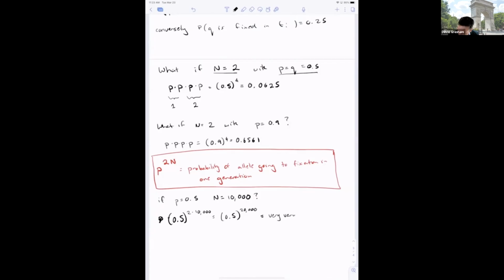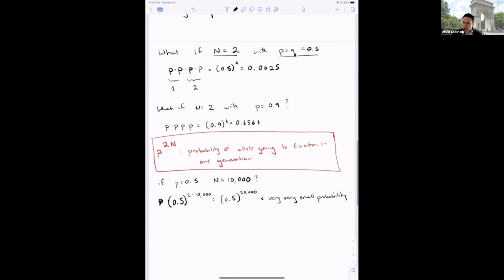Very, very small probability. But what this illustrates is that drift, this random sampling process that's going to change the allele frequency, differs as a function of the size of the population. And drift, genetic drift, is weaker in large populations. So we can talk about the impact of random sampling or genetic drift on changing the allele frequencies.